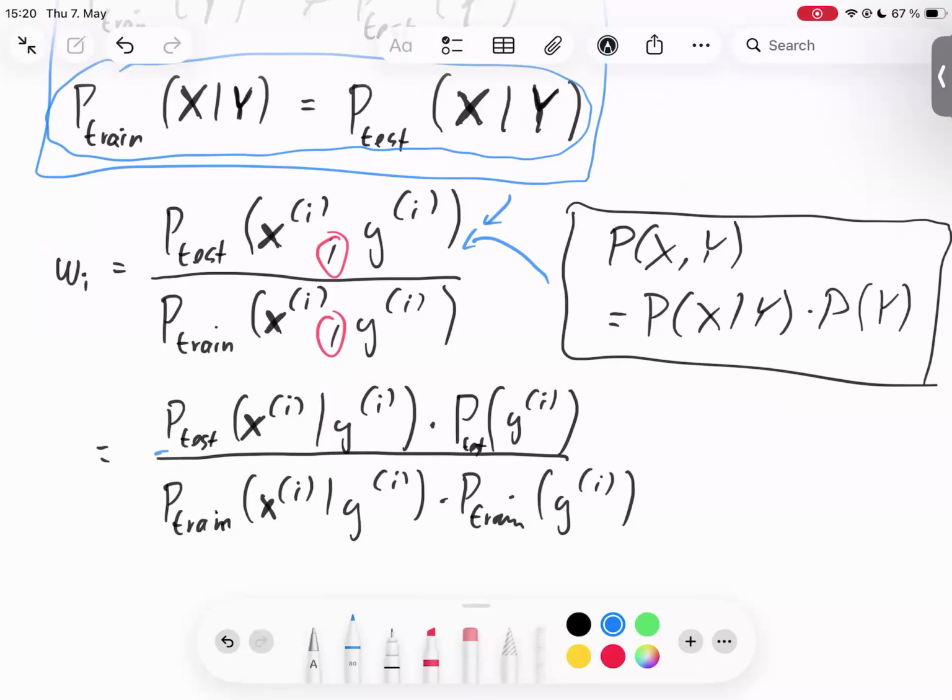And this would allow us to cross out these two here because we assume they are the same. So we can extremely simplify the calculation of the weight by just calculating P test of yi, and dividing it by P train of yi.